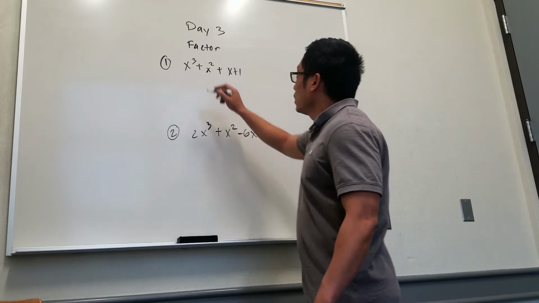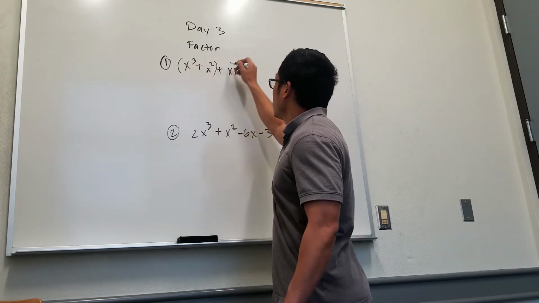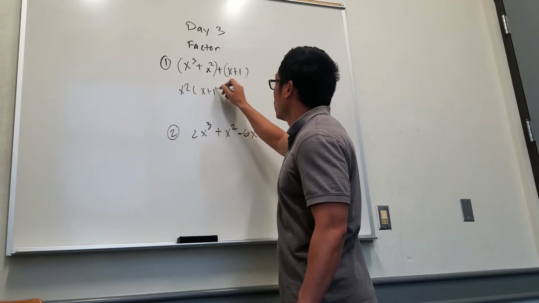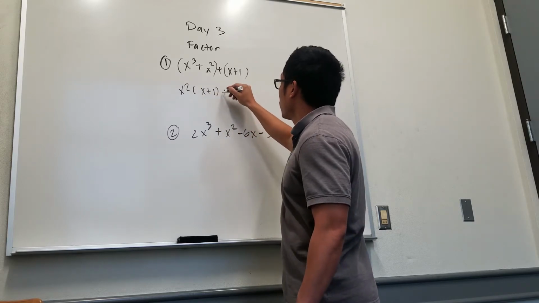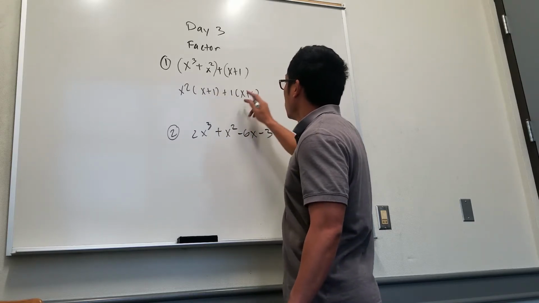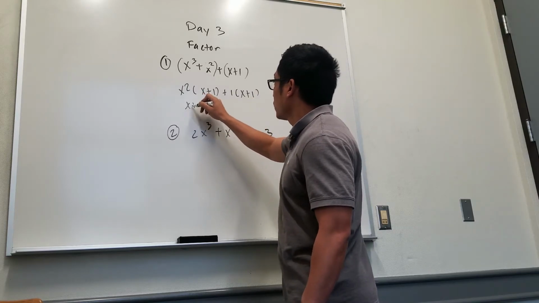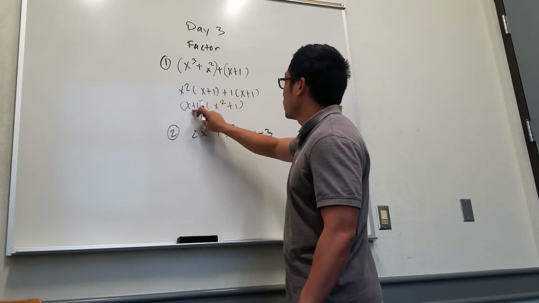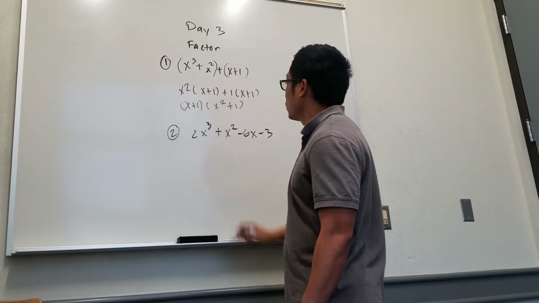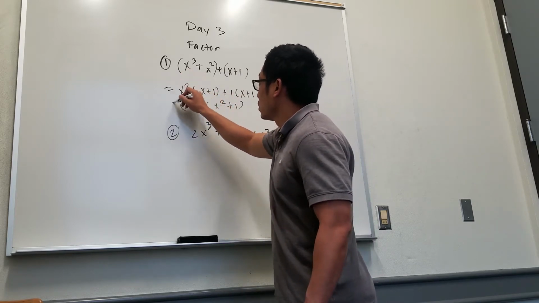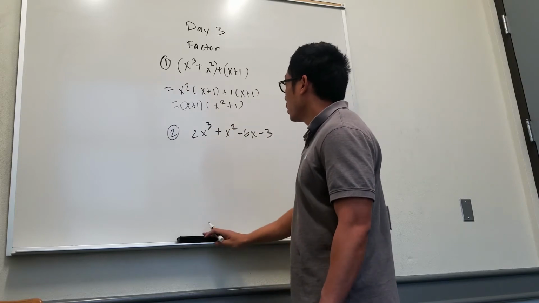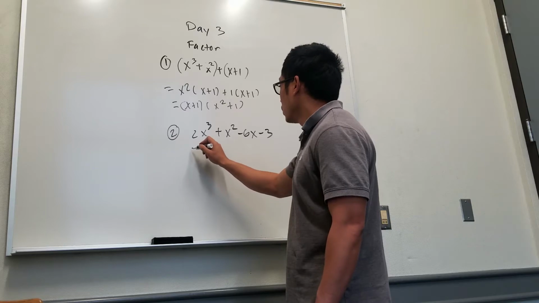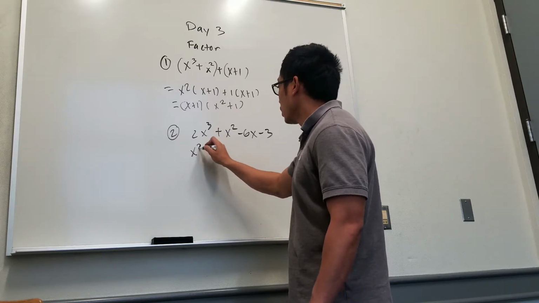So how do I do this one? I just factor by grouping, parentheses, right? Factor out what? x squared, you have x plus 1. Here you can factor out a 1, it's optional. So then what's left? You have x plus 1, x squared plus 1. And here, what do I do? I factor out, not a 2, but x squared.